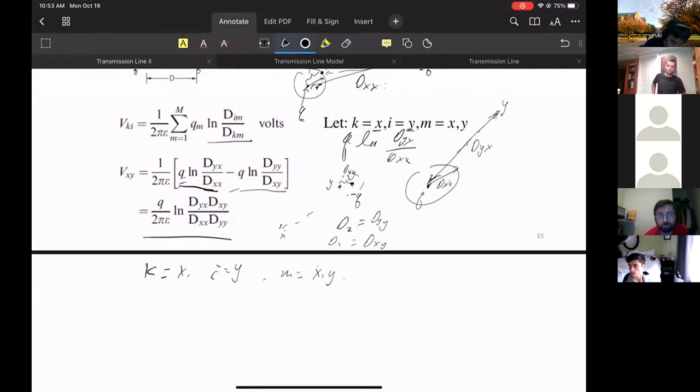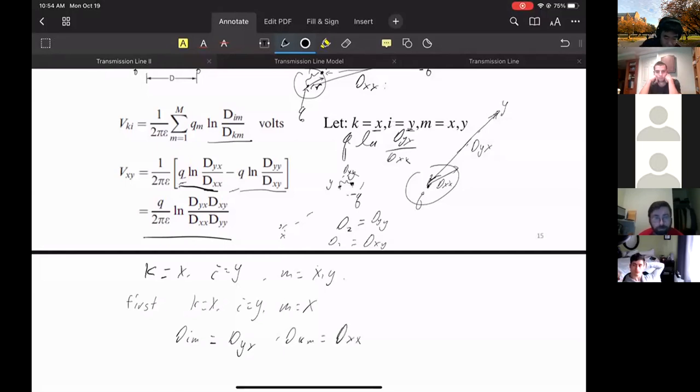First, k equals x, i equals y, m equals x. So D_im is D_yx, and D_km is D_xx.